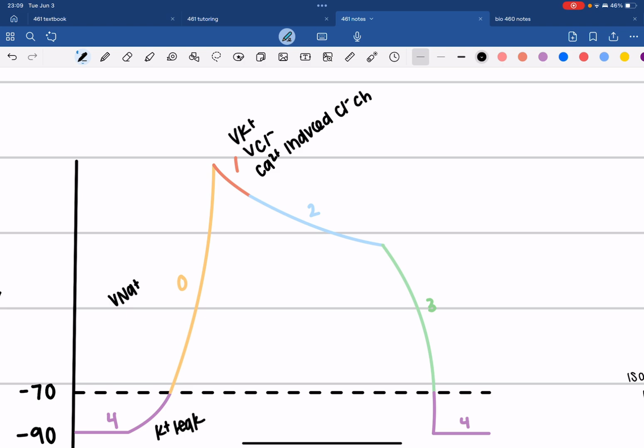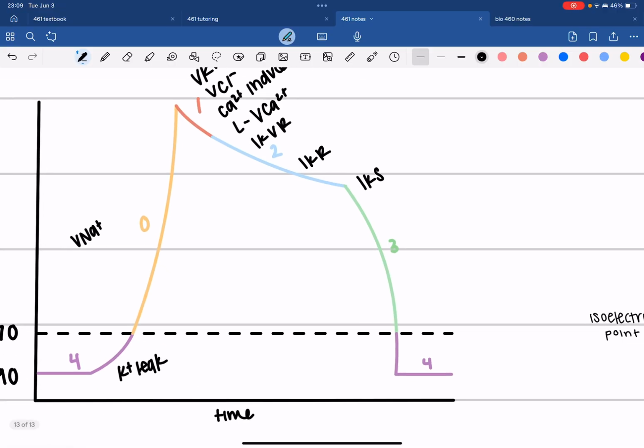Then we're going to have some L-type, which is just long-lasting voltage-gated calcium channels, along with a new channel that we've never seen, which is going to be an IKVR. Then we're going to have an IKR, then an IKS, and we're going to see an IK1, or IKI.